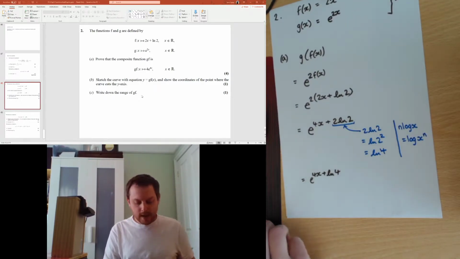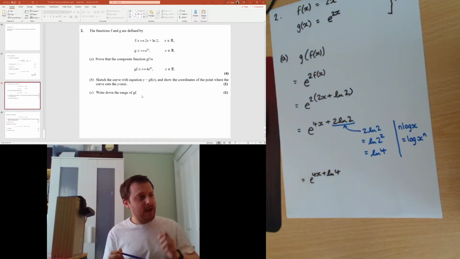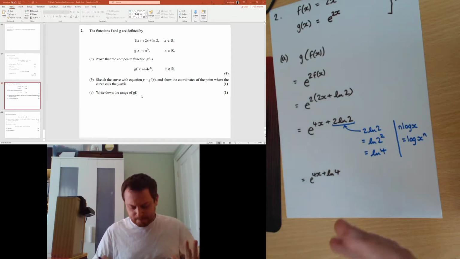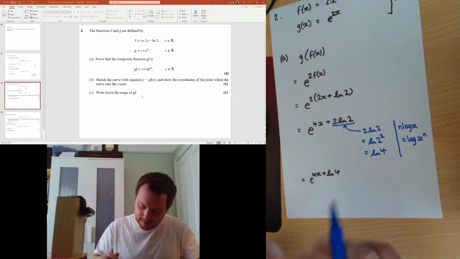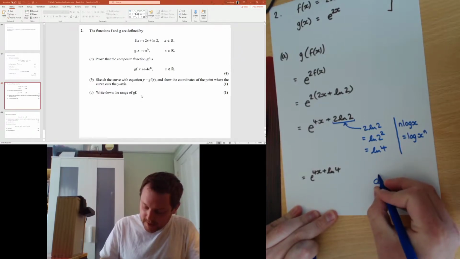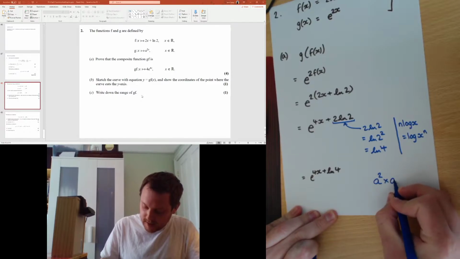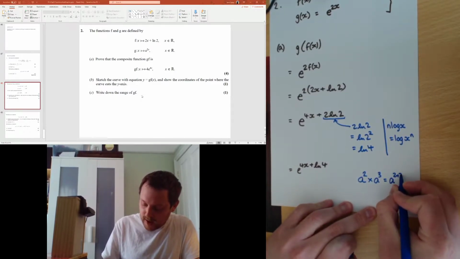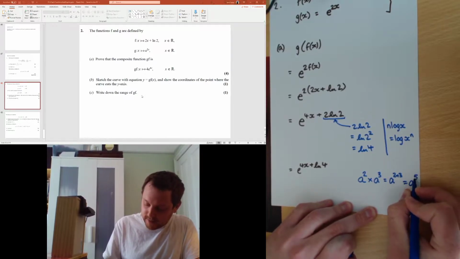And now there's something quite important about indices when you're simplifying indices. Imagine I've got something really simple. When you first learn about index laws, you learn things like a squared times a cubed, you have to do a to the 2 add 3, and you get a to the 5, right?